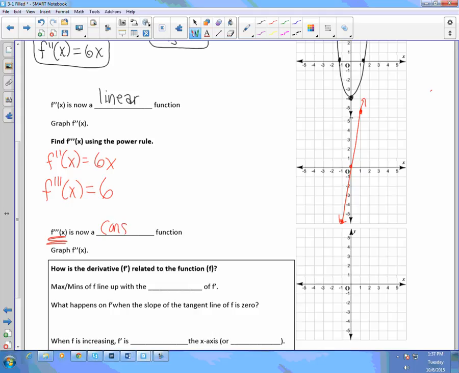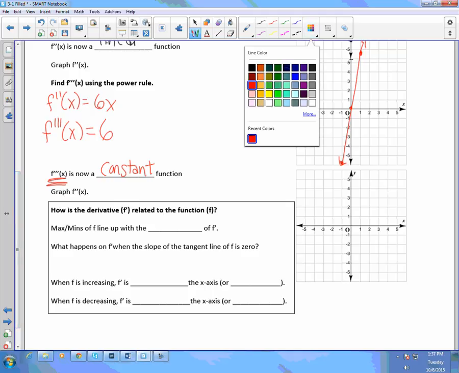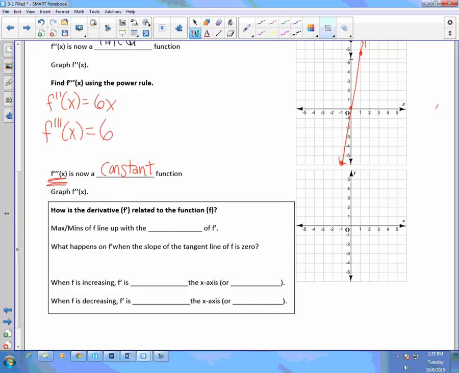Constant. What type of line does that look like? Don't say straight, because all lines are straight. It's horizontal through 6. This one, I have not changed.